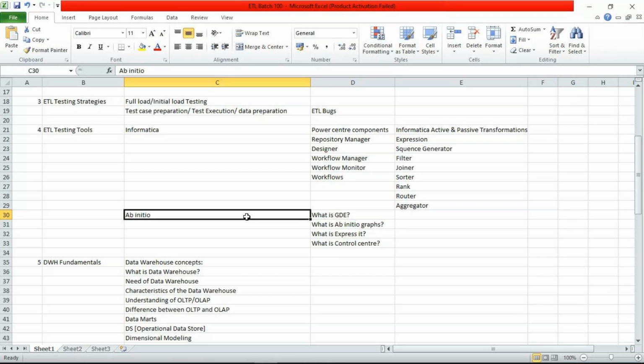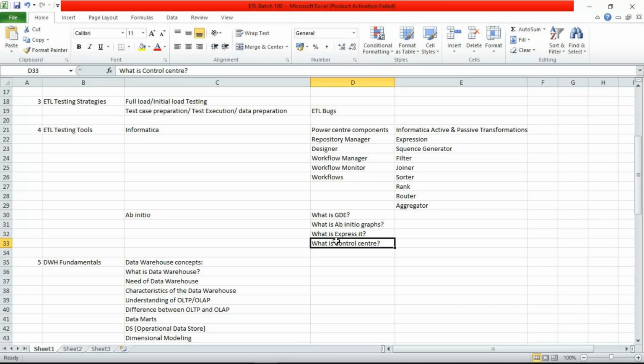These versions are GDE, which is one type of Ab initio version, then Ab initio Express IT, and Ab initio Control Center. Each version has its own set of rules and its own purpose to perform. Altogether it will work as an ETL tool.